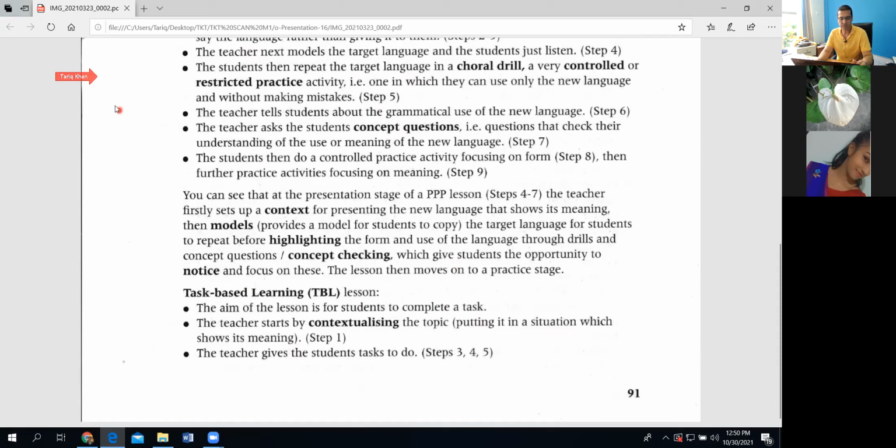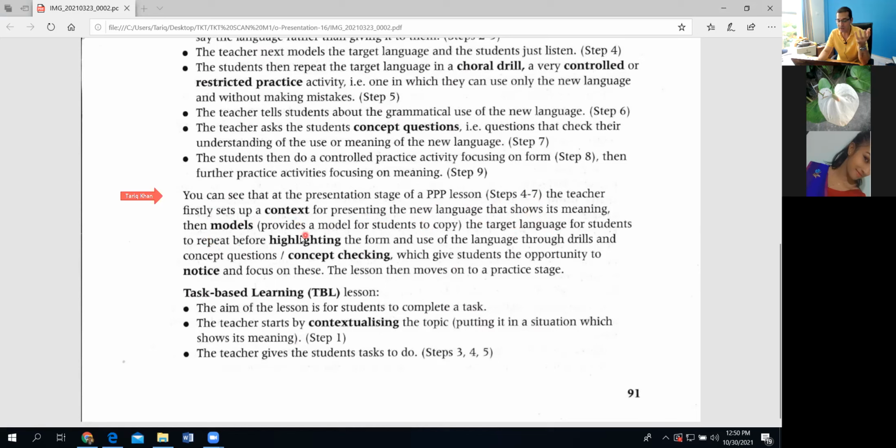Right. Then next, you can see the presentation stage of a PPP lesson, steps 4 to 7, which is highlighted there. The teacher first sets up the context for presenting the new language, which shows its meaning.